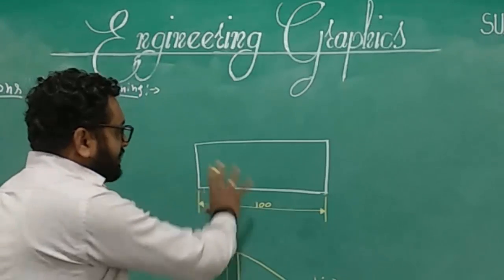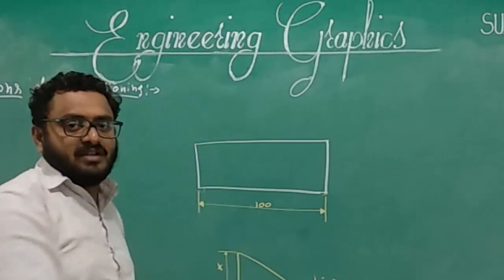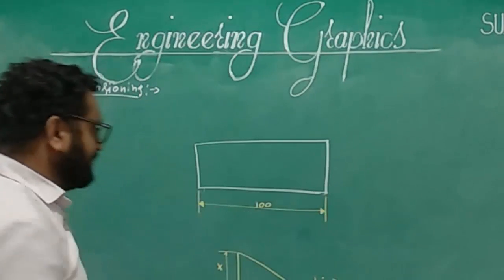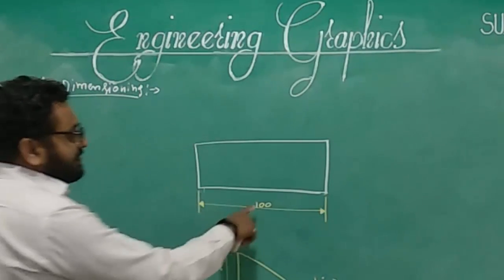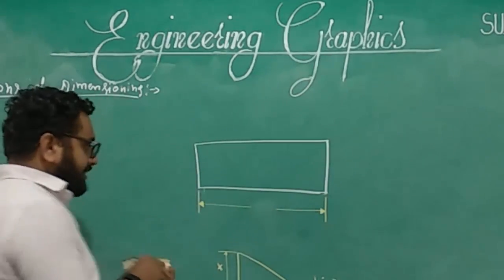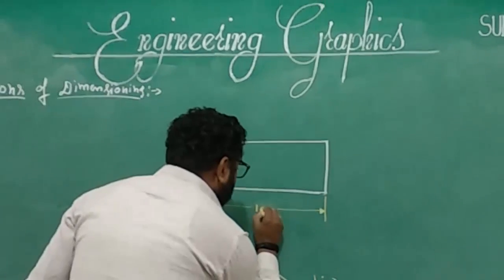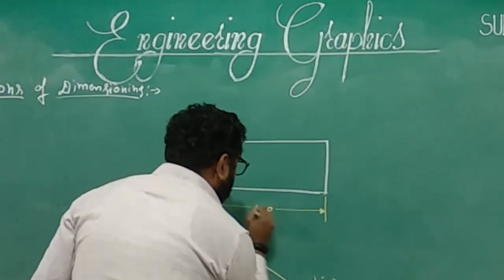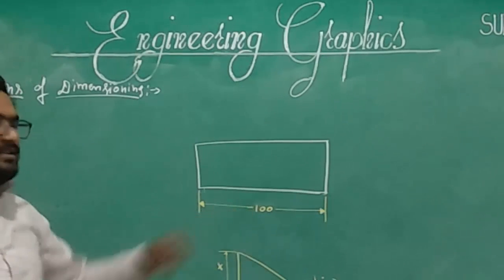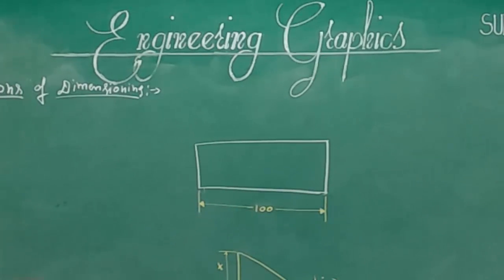The common dimension should be followed, that is all the dimensions are in mm, which we can write somewhere on the corner of the page. One is on the top of the dimension line, or else in between the dimension line. Like this also we can write the dimension figure.